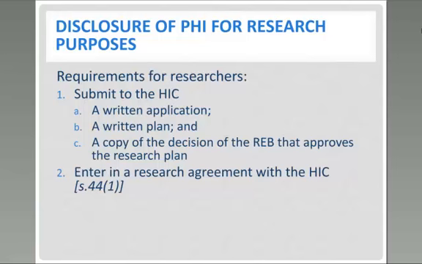So the research application itself, there's nothing in PHIPA that talks about it. It's like a pro forma document, you know, the name, the title of the research, and that kind of thing. But PHIPA does go into a lot of detail with respect to what you need to include in your plan.